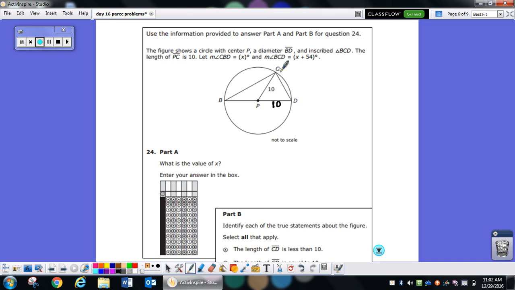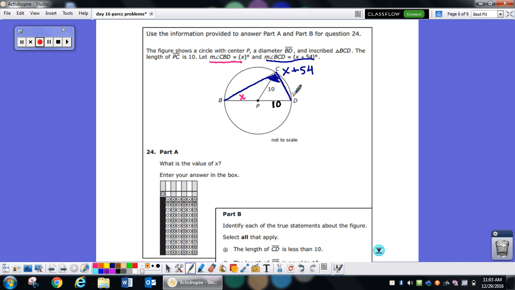Alright, so then the measure of CBD. CBD is x. Okay, and then the measure of BCD is x plus 54. So that's the whole thing, and that is the angle that makes the diameter.